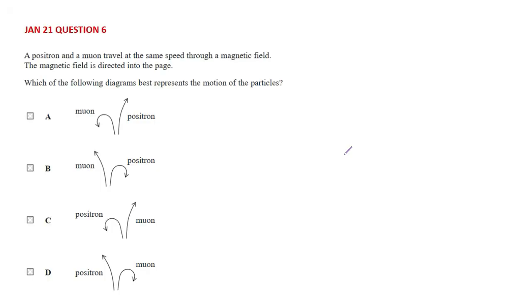So you need to understand the structure of a positron and a muon. A positron is an antiparticle of an electron, which belongs in the first generation, but a muon belongs in the second generation. And you should know by now that second generation particles are heavier. So a muon has a greater mass.